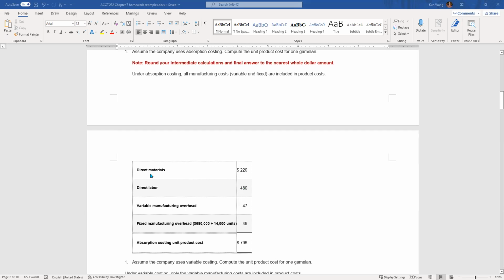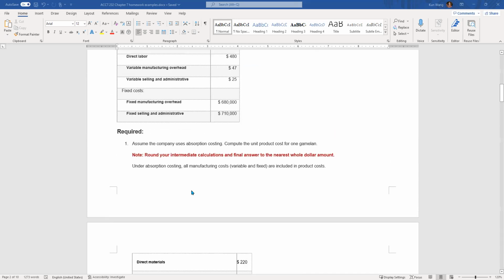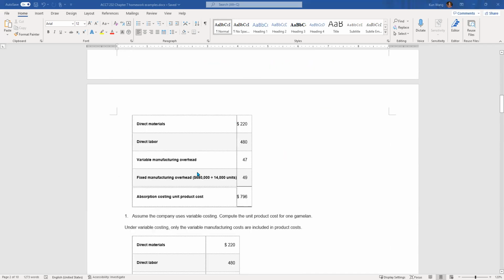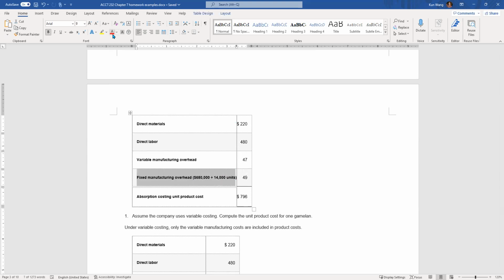So you have direct material, direct labor, and variable manufacturing overhead, which have the information given by the question directly. The only thing you need to calculate by yourself is the fixed manufacturing overhead per unit. In this case, be careful, we use the total fixed manufacturing overhead divided by the units produced.